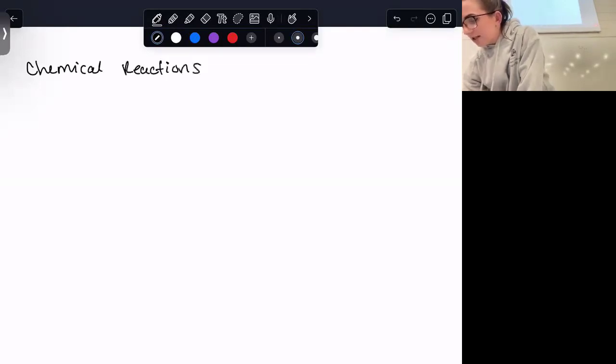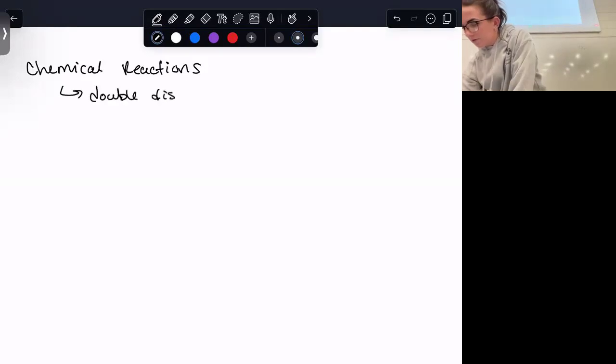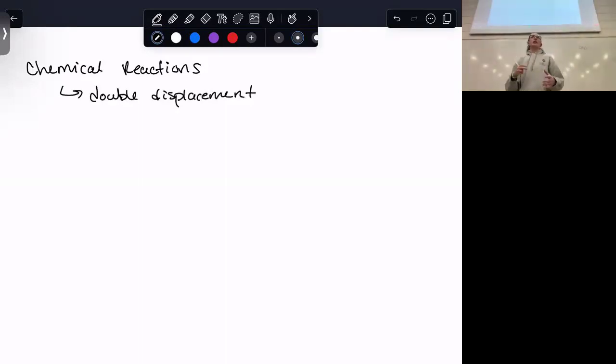Right, so usually this is going to be double displacement reactions. We tend to be able to write a net ionic equation for those.